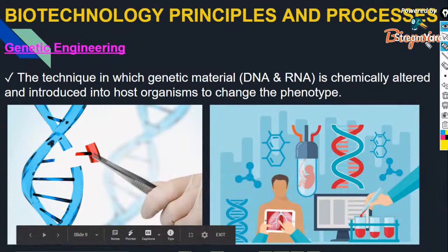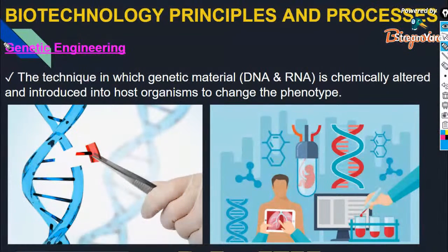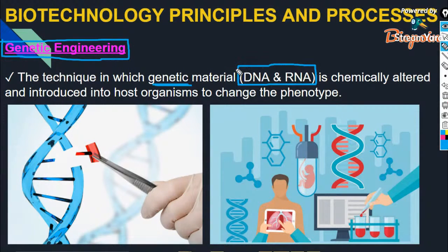Next we are going to discuss genetic engineering. What is actually genetic engineering? Genetic engineering is a technique in which the genetic material, that is the DNA and RNA, is chemically altered and introduced into a host organism.